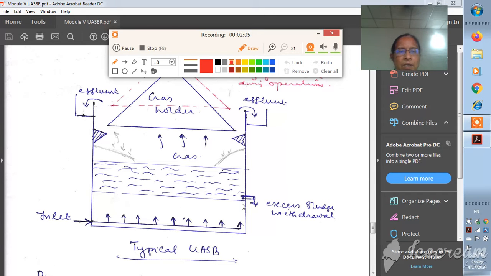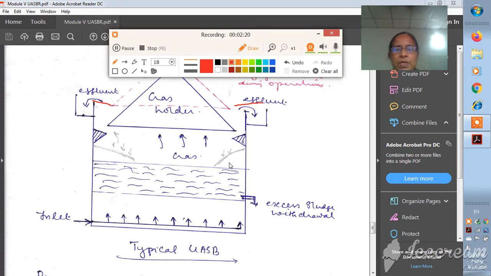So this is the outlet, two outlets, that means along the periphery of the reactor or the container, is it? So that is written here.